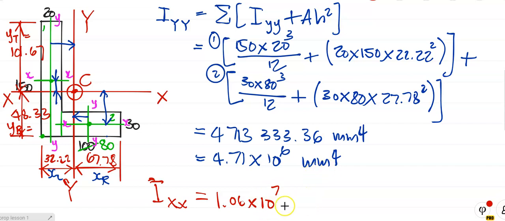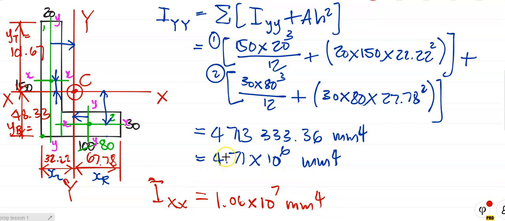So for this section, IXX is about 1.07 times 10 to the power 7 millimeters to the fourth, and IYY is 4.71 times 10 to the power 6 millimeters to the fourth.